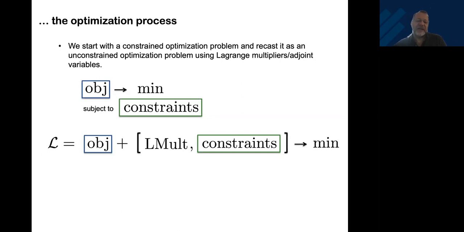So once we have all that identified, we can turn a constrained optimization problem, standard way of doing that one, into an unconstrained optimization problem by adding the constraints to the objective to make the objective function augmented, or bigger. And we do that by multiplying with a Lagrange multiplier. So L mult is the Lagrange multiplier. We have one for each constraint.